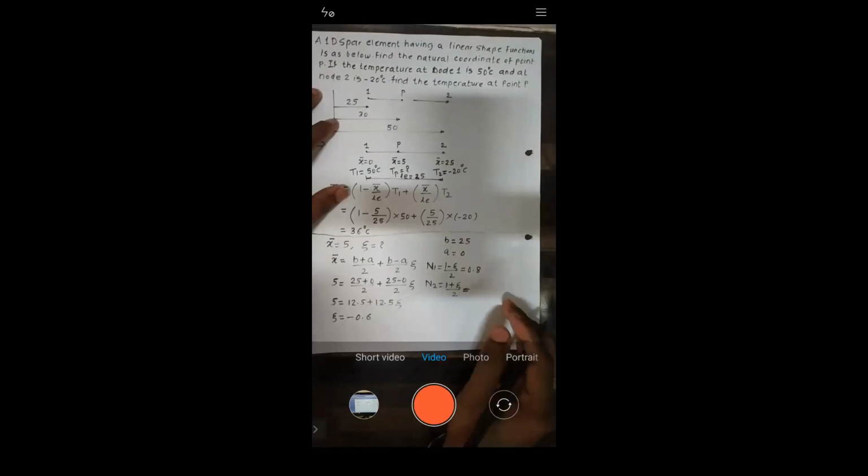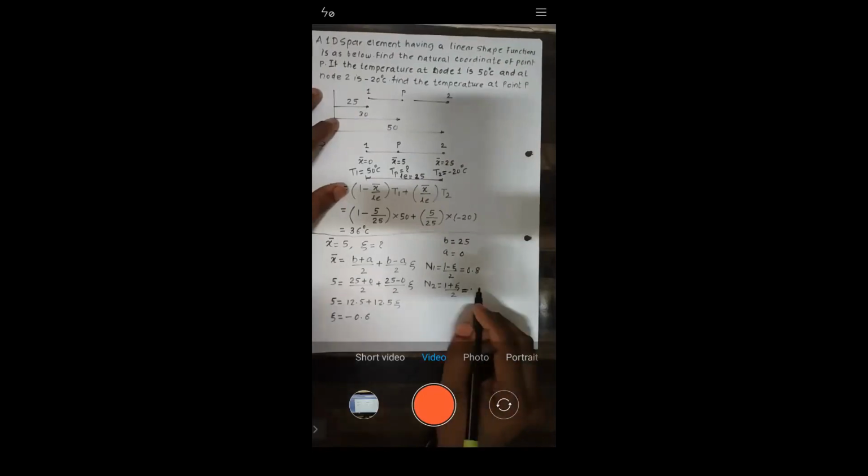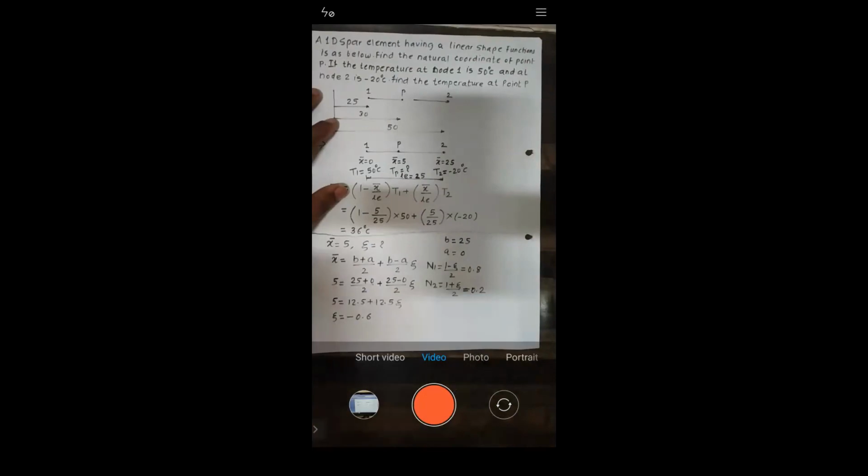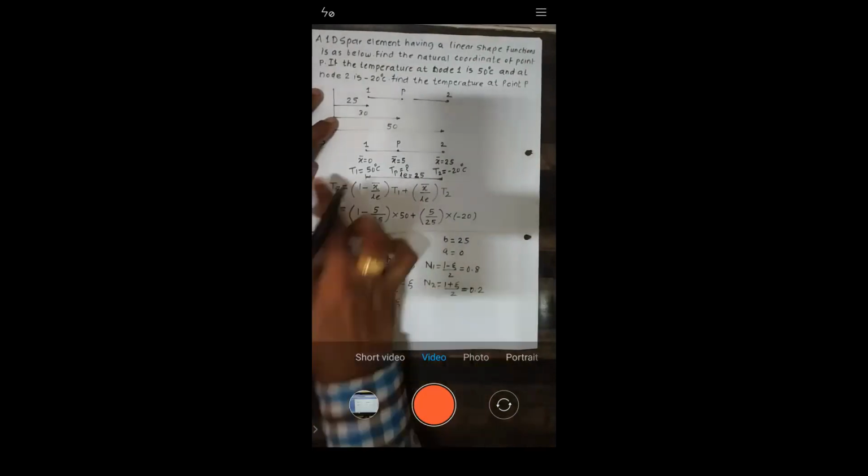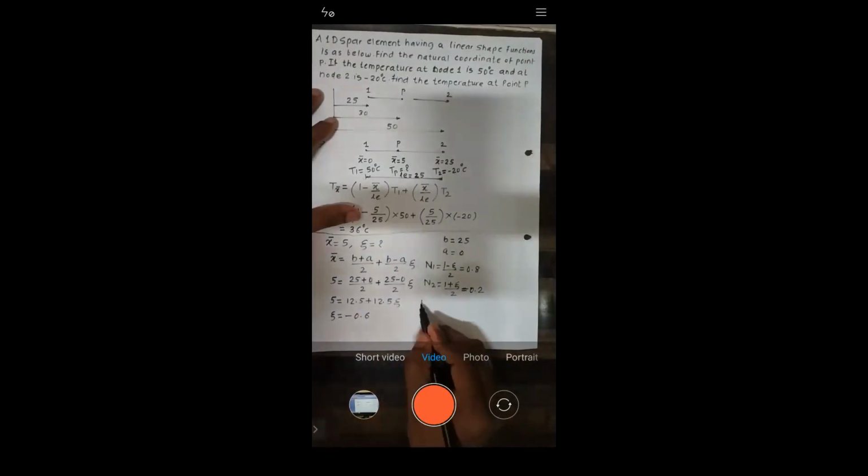N2 is 0.2. All of you check this value. Now you have the shape functions. Can you calculate the temperature? Yes, you can calculate the temperature at any distance x: T is equal to N1 T1 plus N2 T2.